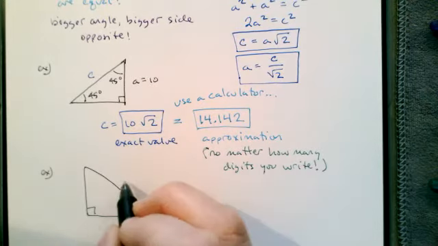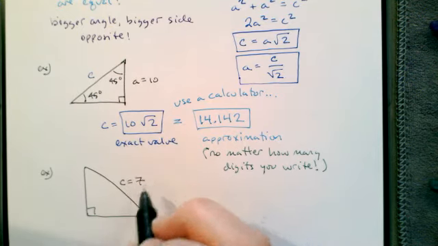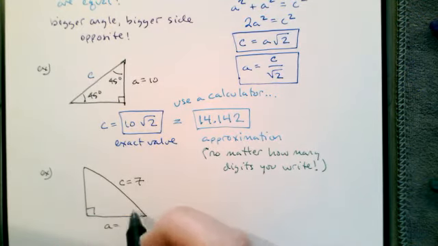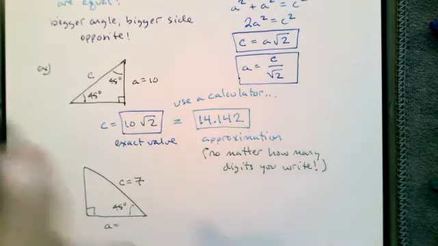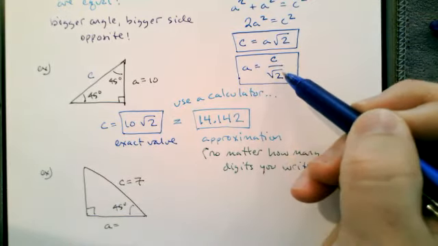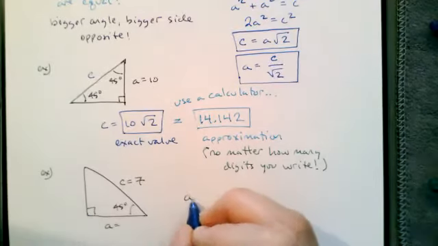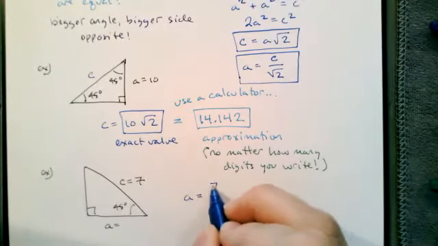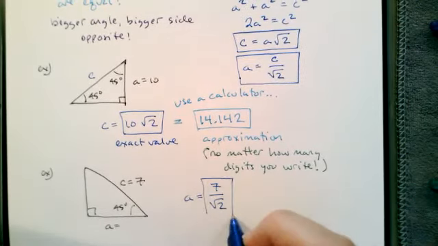If instead I told you that C was equal to 7, and I want to know what A is in this isosceles right triangle, then A is just the hypotenuse divided by the square root of 2. Here's the exact value.